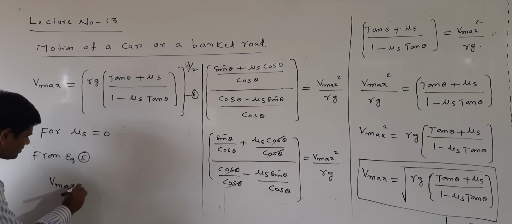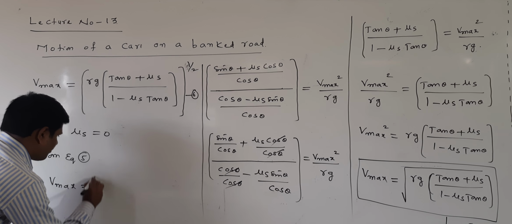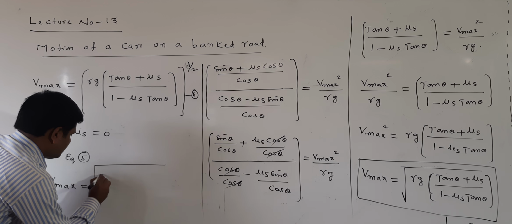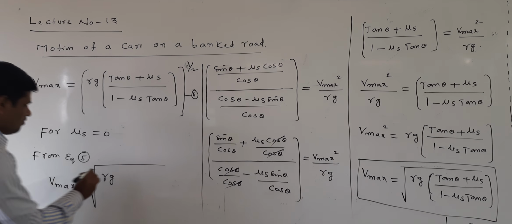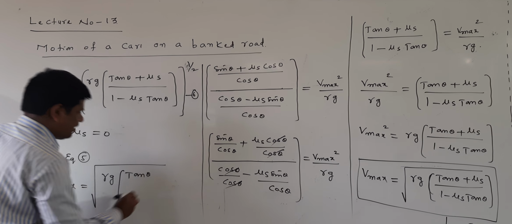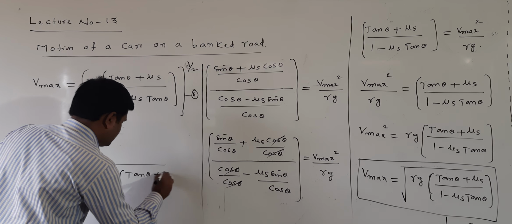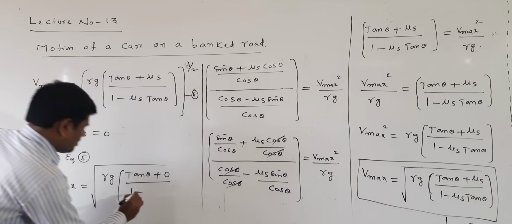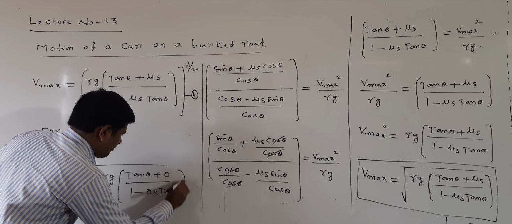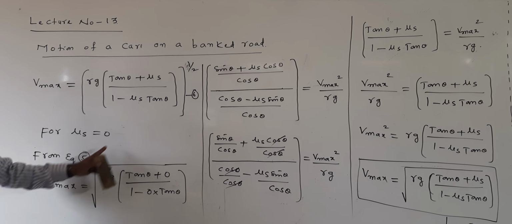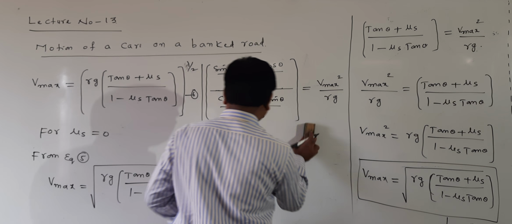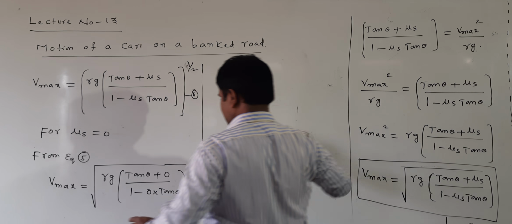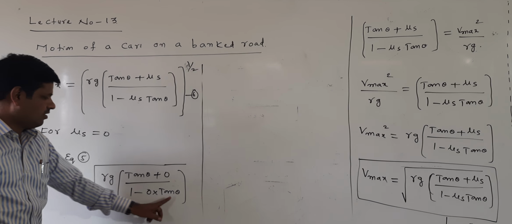What we are getting: V maximum is equal to the square root of Rg into tan theta plus 0 by 1 minus 0 into tan theta. We just substitute mu s is equal to 0 in its place. Here 0 into tan theta is 0.